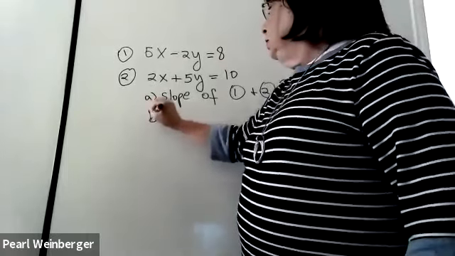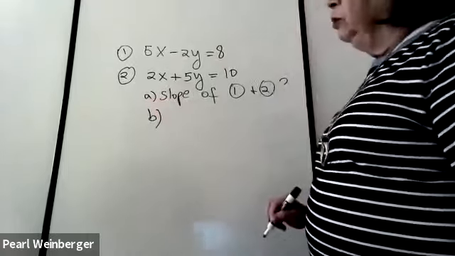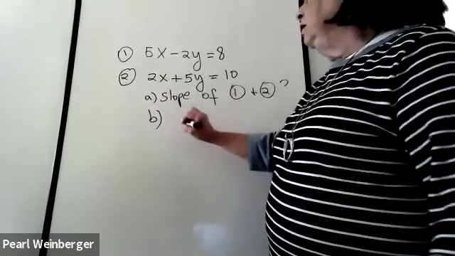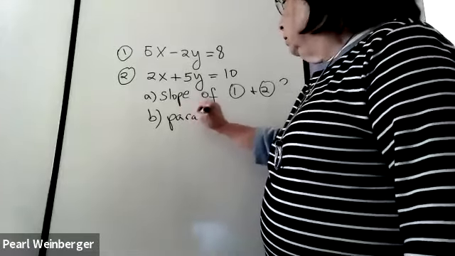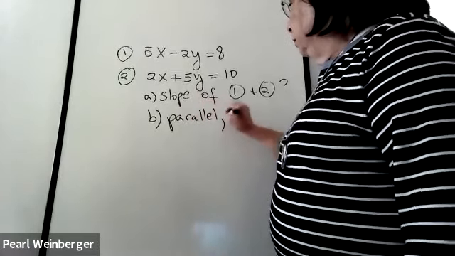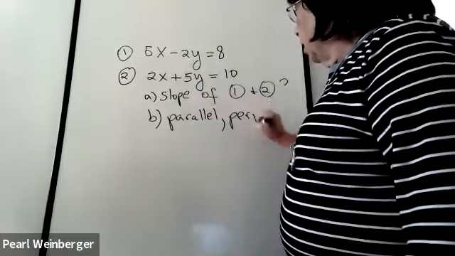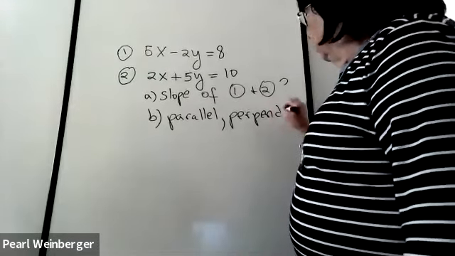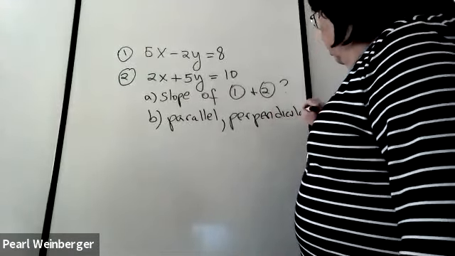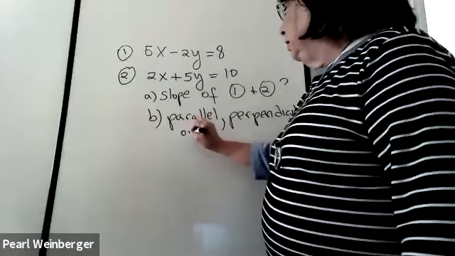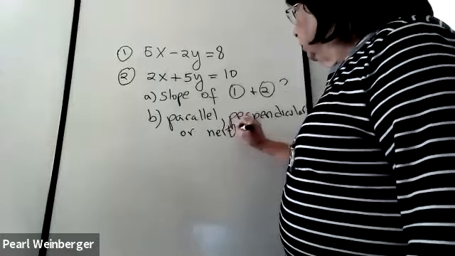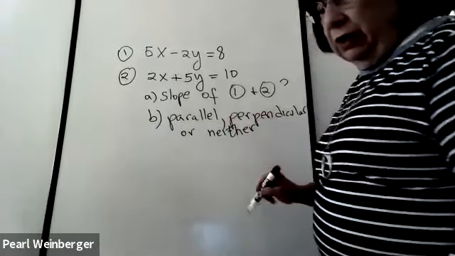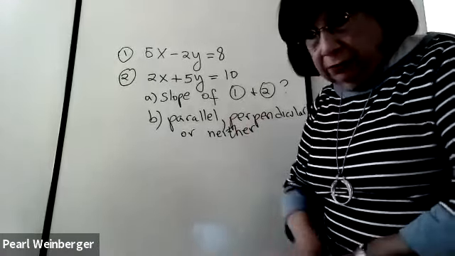And question number 2 is, looking at the slopes, once you know them, are the lines parallel, perpendicular, or neither? Okay, I'm going to take attendance while you're looking at this problem.